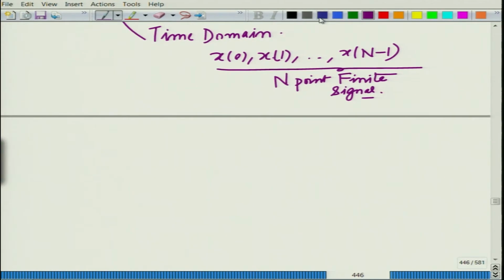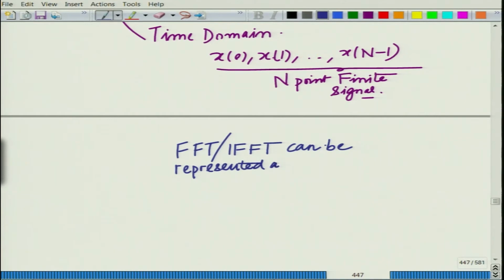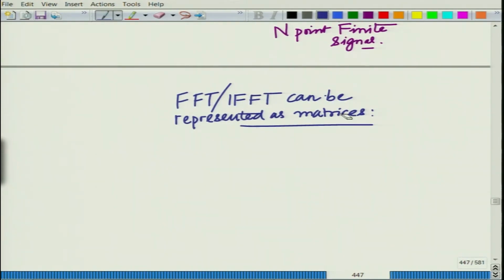Okay. And now the linear algebra part. The FFT and IFFT operations can be represented as matrices, or rather matrix transformations or linear transformations.